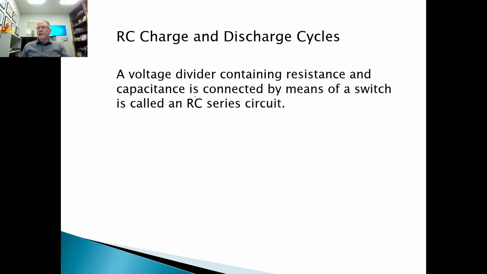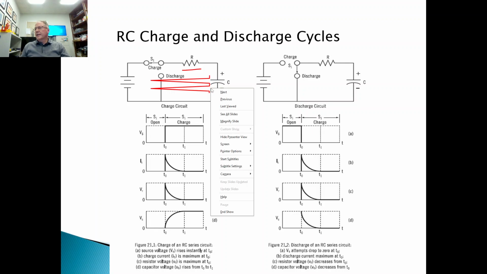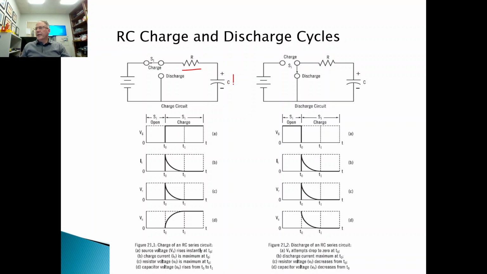Now, if you have a voltage divider circuit containing resistance and capacitance connected by means of a switch, it's called an RC series circuit. So here we have the resistor, and then the capacitor right here. So that's an RC circuit.